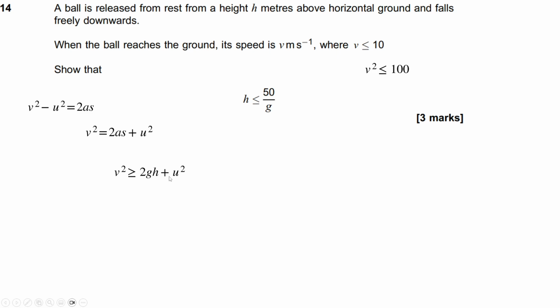The acceleration is due to gravity, so it's g, and your displacement s is just the height h, so you've got 2gh. You can put in 100 now because we already know that. U is 0 because it starts from rest, so its initial velocity is 0. You'll get this, divide by 2 on both sides to get that, and then just swap it so it looks like this, and that's the right answer.